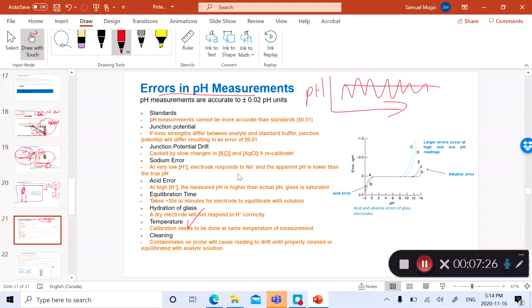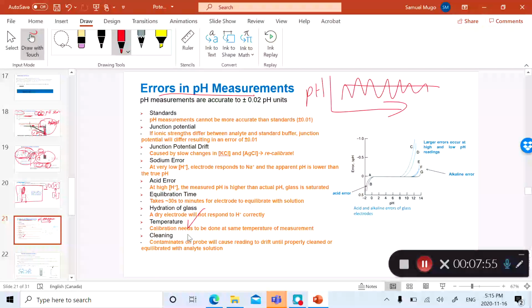And there are many of them, but I'm just going to mention a couple of them. Temperature is a big deal. Remember, potentiometry is an equilibrium type of technique. You're waiting for the hydronium ions to equilibrate in the glass membrane. And because it's ions moving from solution to the glass membrane, they tend to be affected by the temperature. When the temperatures are higher, the equilibrium time is less.